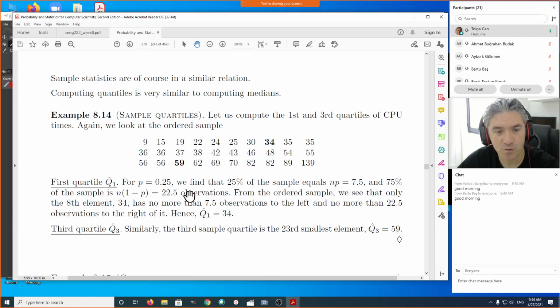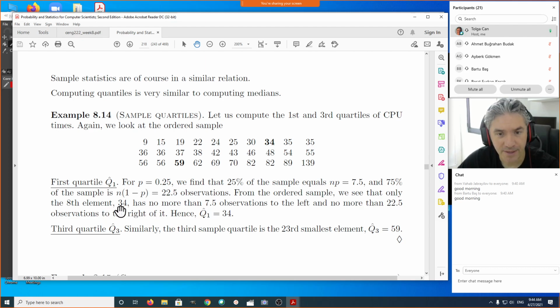In order to find the quartile, if you look at how the example solves that, it's 25% of the population. So there are 30 samples here. 25% is 7.5, or in terms of order statistics, the 7.5th, so between 7 and 8. And 22.5 is for the third quartile.